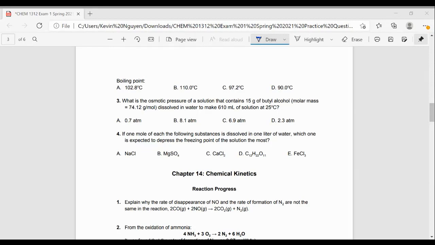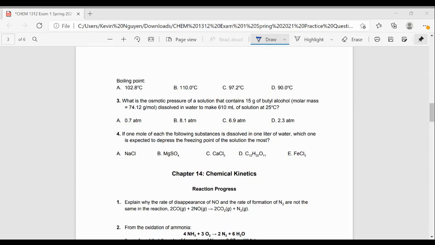So let's go ahead and check the Van Hoff factor for each of the question choices. For A, we have NaCl, so Van Hoff factor should be 2 because we have 2 ions. For B, we have a Van Hoff factor of 2 as well, so we have 2 ions, Mg and SO4 2 minus.